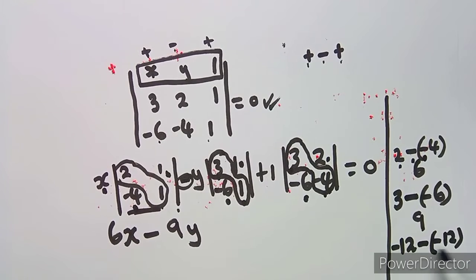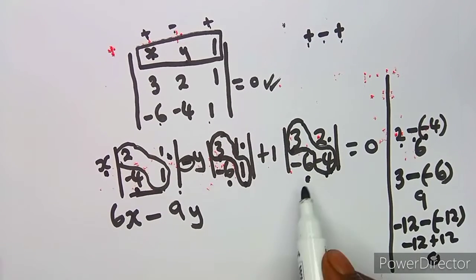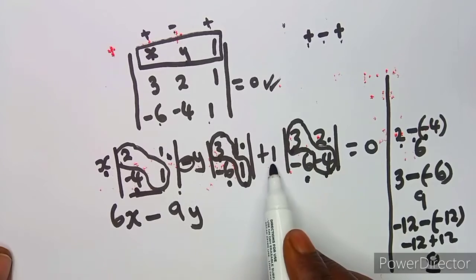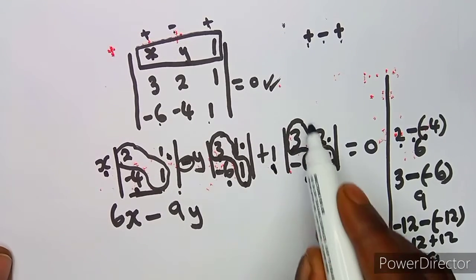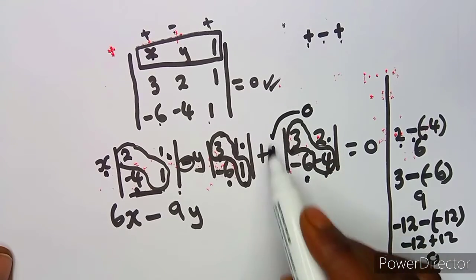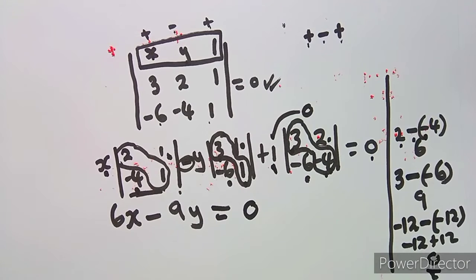So this is going to give us minus 12, so that's minus 12 plus 12, which is 0 there. So you will see that this is 0 times 1. Any number times 0 is 0, so there's nothing that you're going to get because this is 0 here. So you're just going to equate to the 0 there.